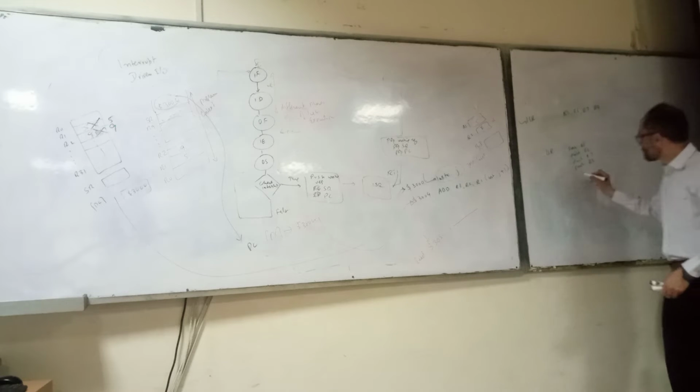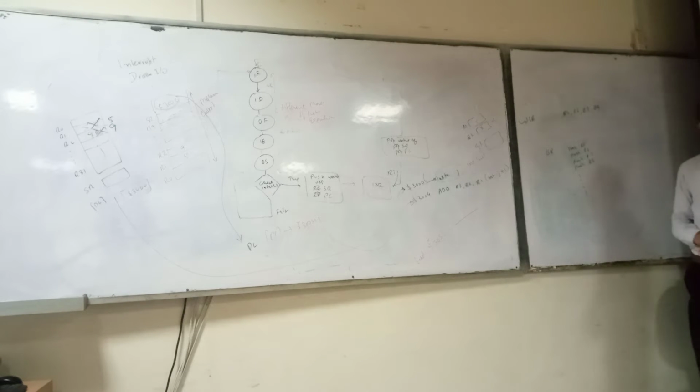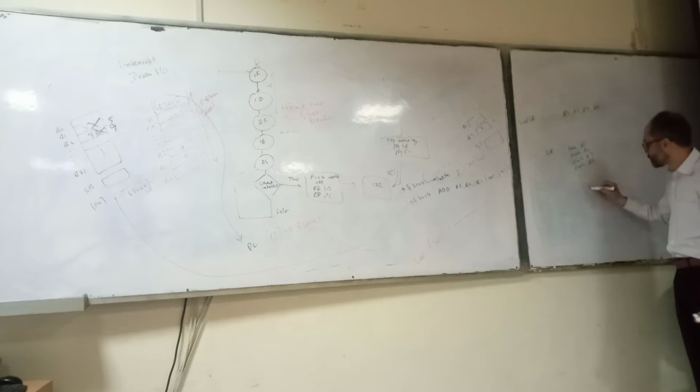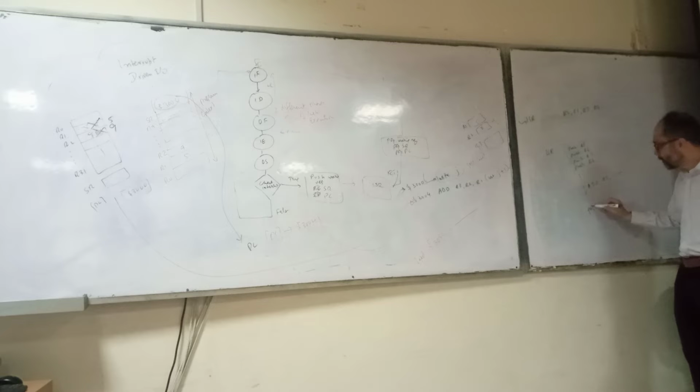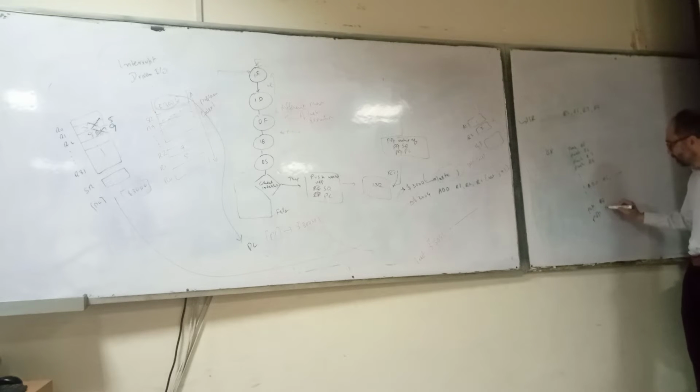Then there is the code for the ISR, because maybe it is using add R5 something. So it means R5 is now modified. What is now on the top of the stack? R9. So the last instructions will be what? Pop R9.